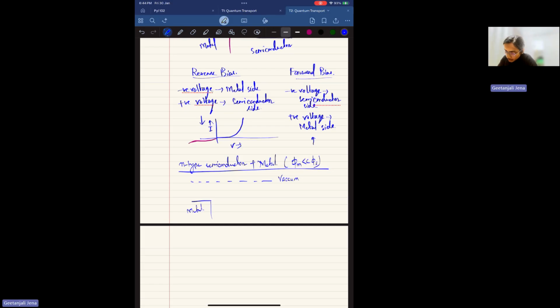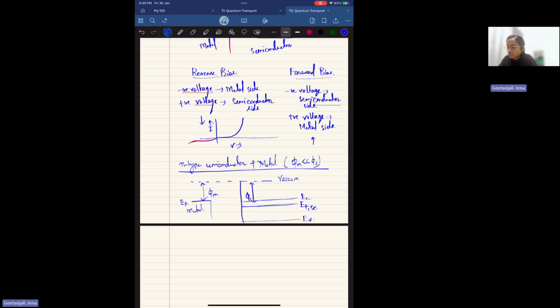This is the metal side. This is the Fermi level, and this is phi m. Let us say for the semiconductor, the Fermi energy level is EF here. This is phi s. So phi s is greater than phi m. Because this is n type, EC will be here, and there will be EV.